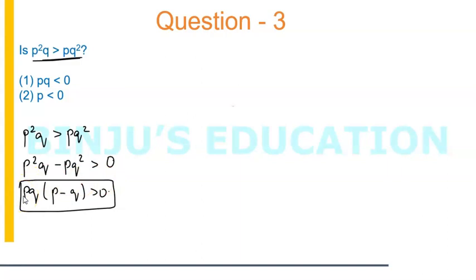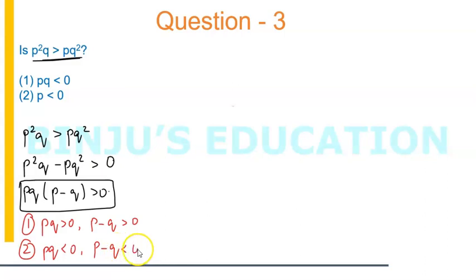This is the actual question. Now let's figure out the possibilities for the multiplication of these two expressions to be greater than 0. One is pq greater than 0 and p minus q greater than 0, and another possibility is pq less than 0 and p minus q also less than 0.